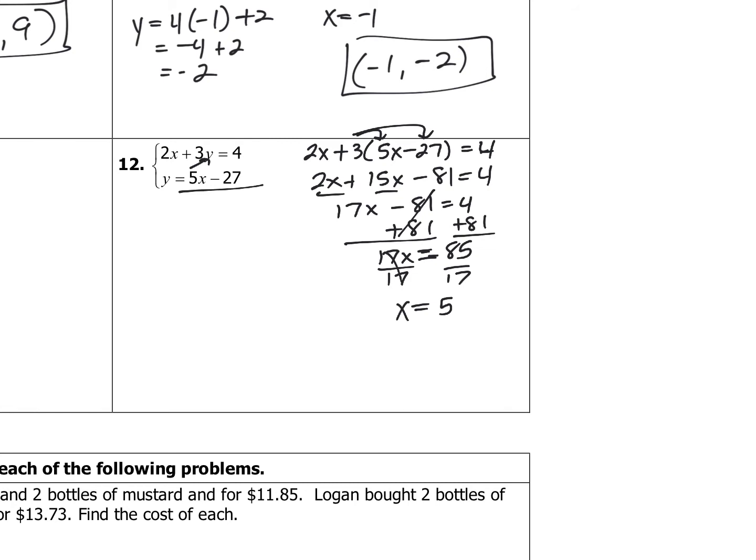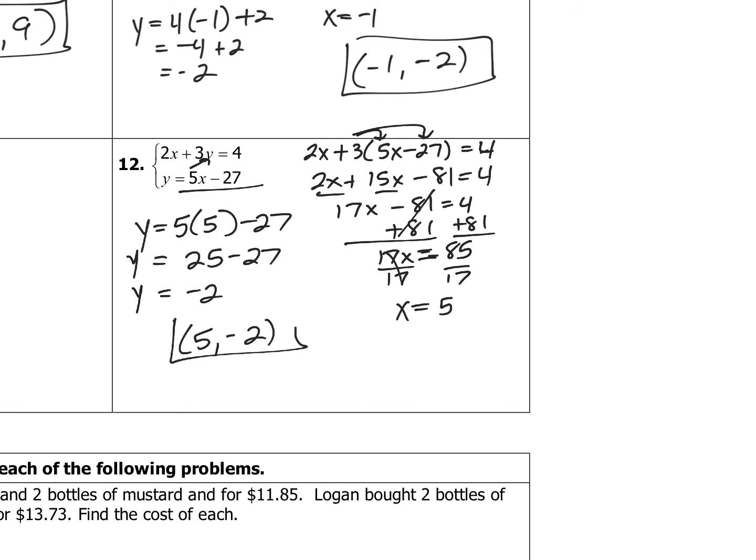I'm going to do the second equation. y equals 5 times 5 minus 27. That's 25 minus 27. That's -2. So y equals -2. The solution, the place where those two lines intersect on a graph, is at 5, -2.